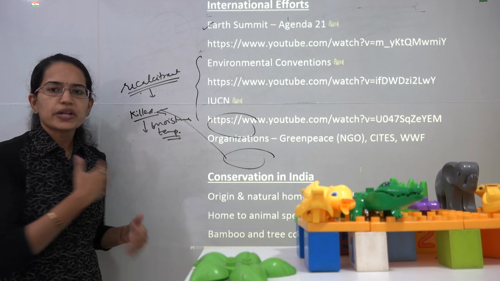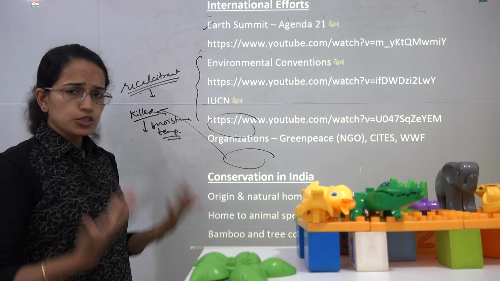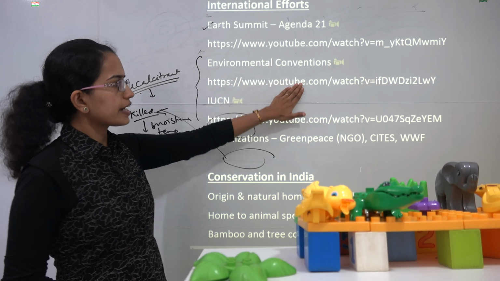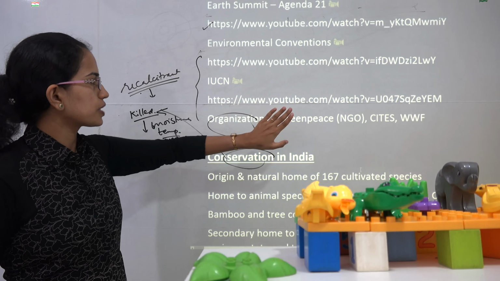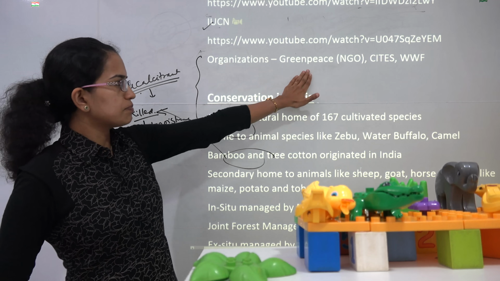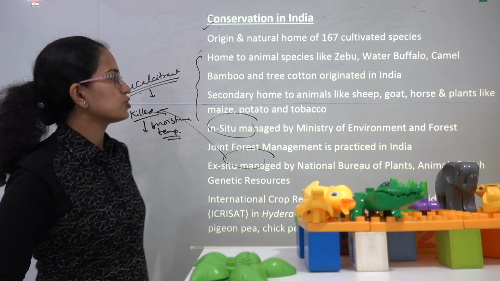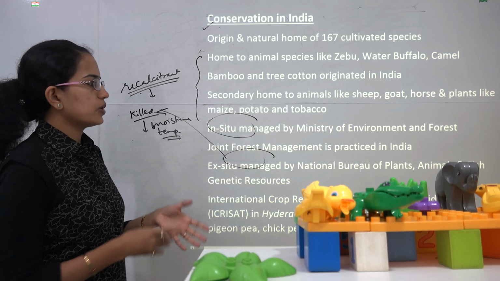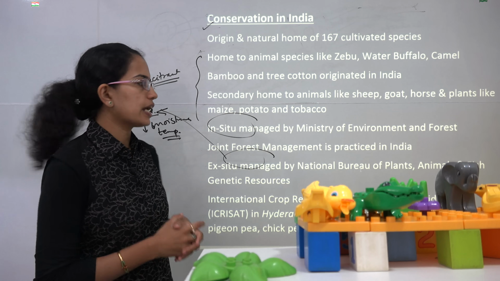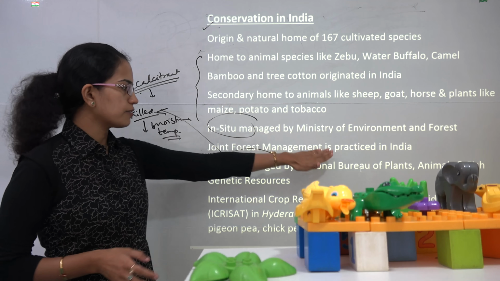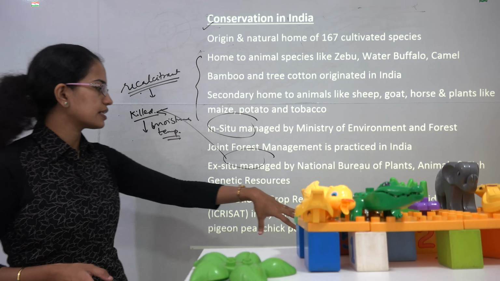Now when we talk about international efforts, you have the Earth Summit, you have numerous environmental conventions. We have already covered those in the following videos, so you can refer to that. You have the role of IUCN and other organizations like Greenpeace, WWF and so on. Now if we talk about conservation in India particularly, in-situ conservation in India is managed by the Ministry of Environment and Forest. Then you have joint forest management that is practiced in India.